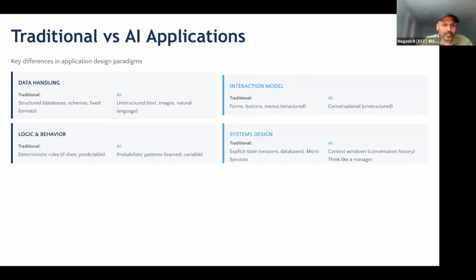Because of unstructured data, in addition, there is also another difference. When you build a typical application, you know what the rules of the system are, what the boundaries are, what the error conditions are, and it's largely predictable. There are errors, exceptions, but it is still predictable. But when it comes to AI, it is probabilistic, right?